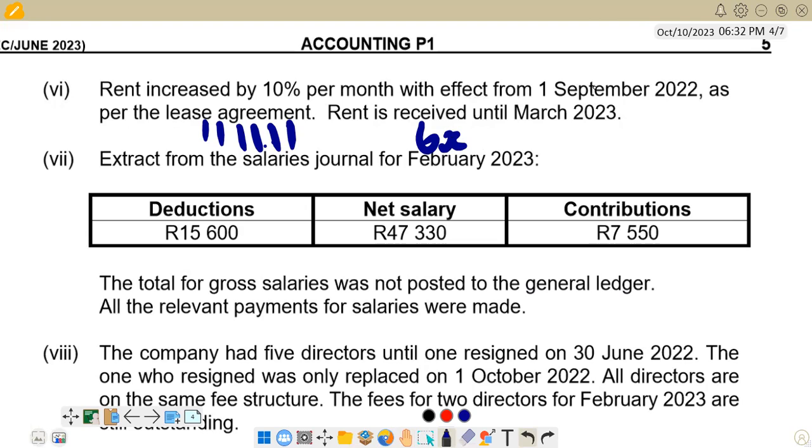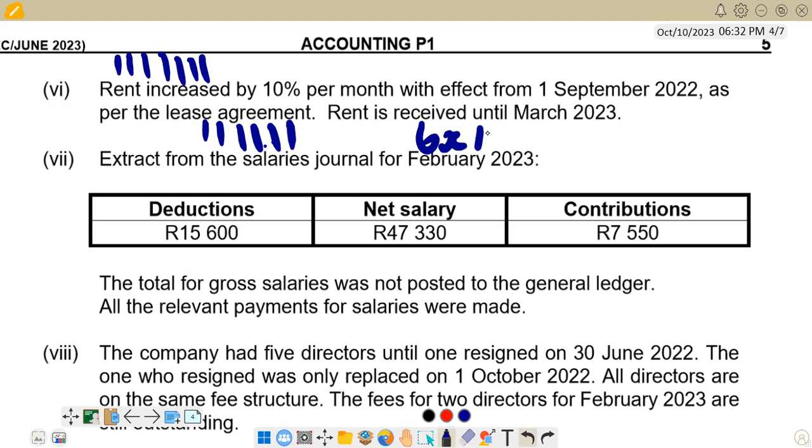With effect from 1 September, it means it increased in September, October, November, December, January, February. And then we also received for March. So we've got also March inside that. We count how many months we have there: 1, 2, 3, 4, 5, 6, 7. So we've got 7 months.